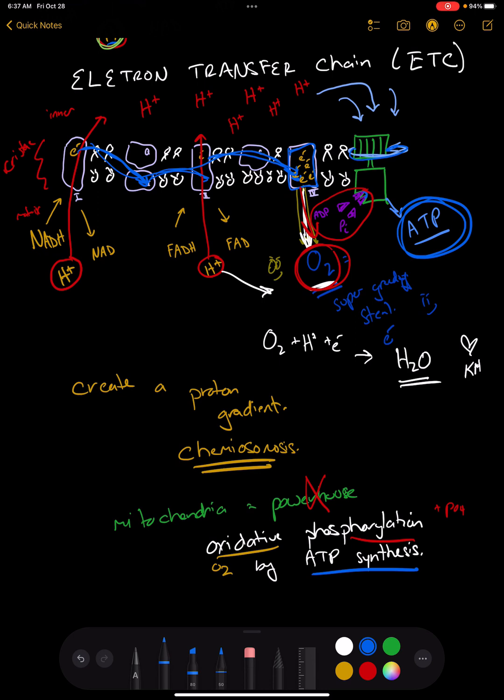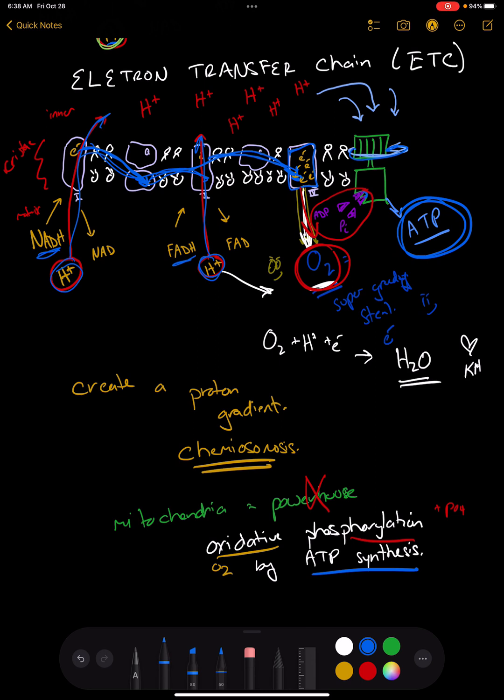So I'm doing ATP synthesis by oxidative phosphorylation because the electrons get donated by the NADH and the FADH. That gives us the protons and the electrons that fall through all these complexes. As they fall from high to low, that creates energy. That energy pulls the protons to the other side, to that inner membrane space.